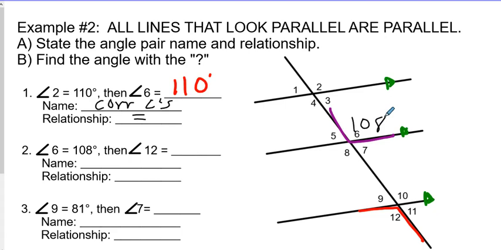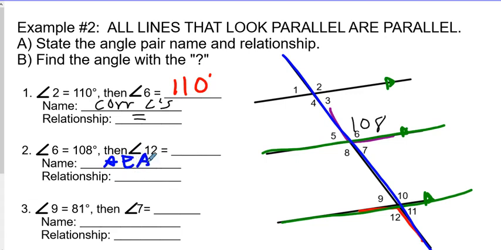What's 12? Well, if you look at this line and this line, and this transversal, 6 and 12 are outside the green lines on opposite sides of the transversal. Therefore, they are alternate exterior angles.